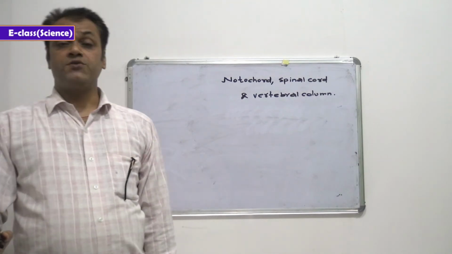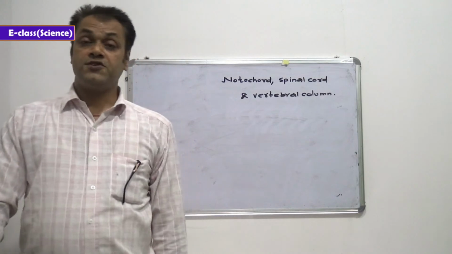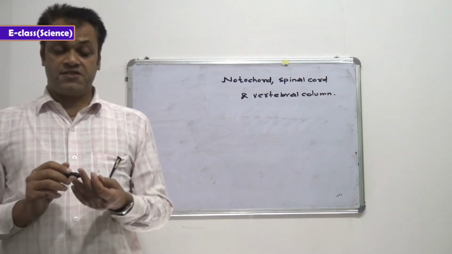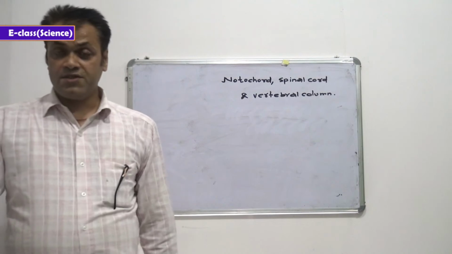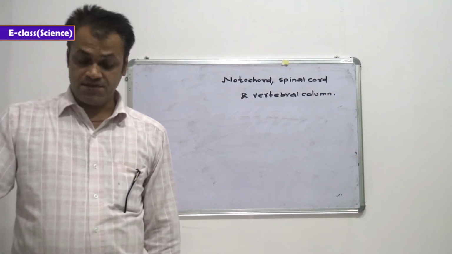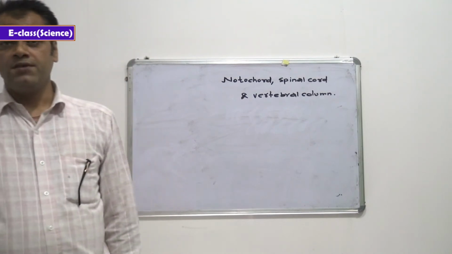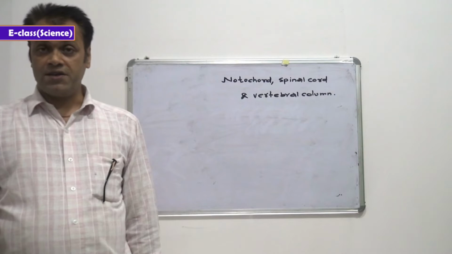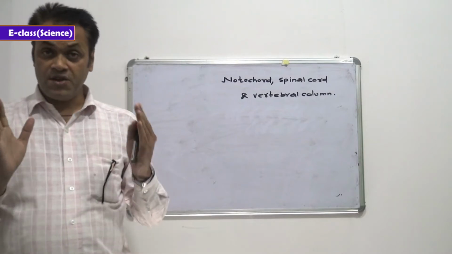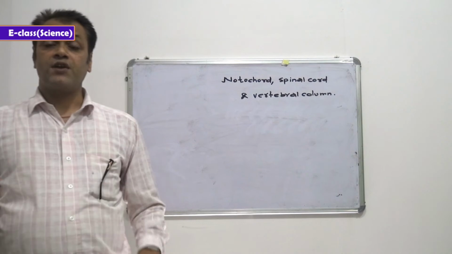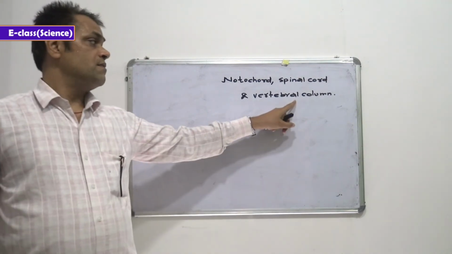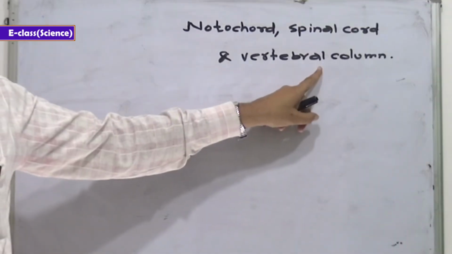Now I am going to explain in what condition and what are the characteristics of vertebrates. In vertebrates, notochord is replaced by vertebrae. The collection of vertebrae as a whole in our body, we call vertebral column or backbone.